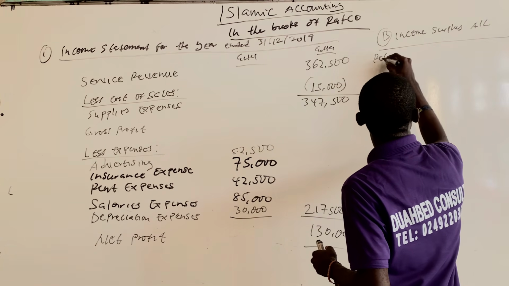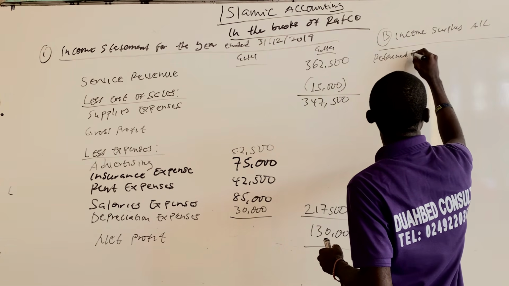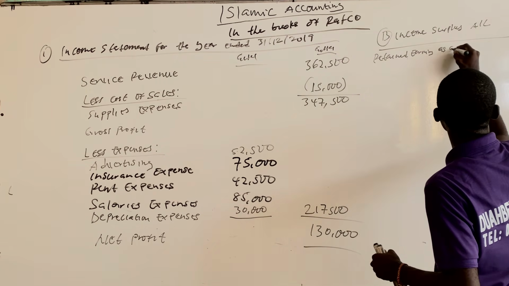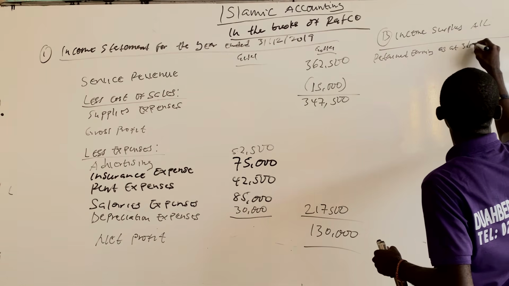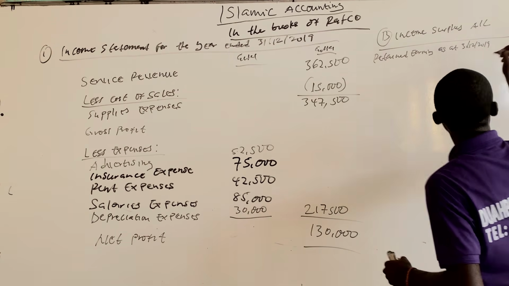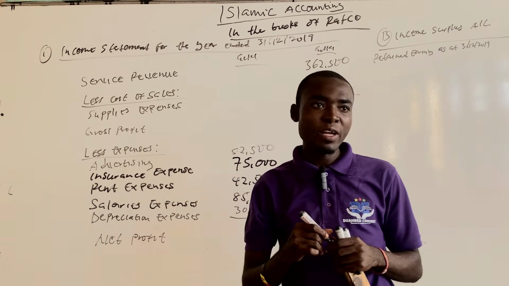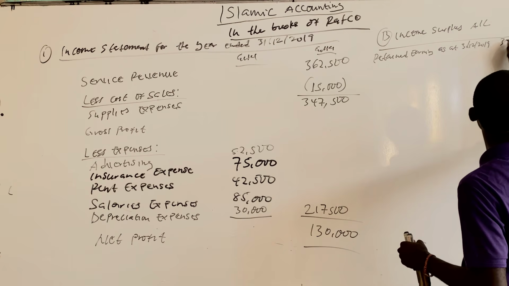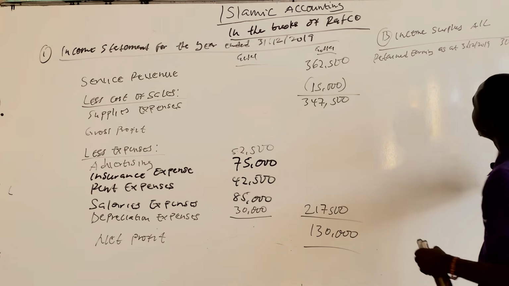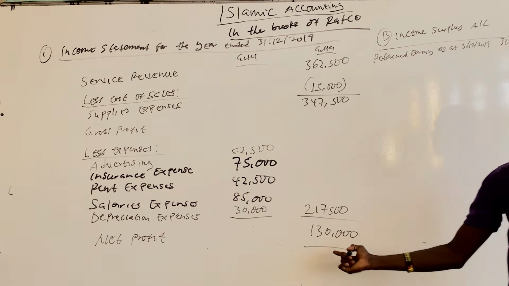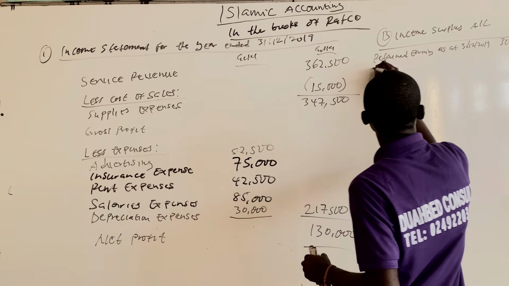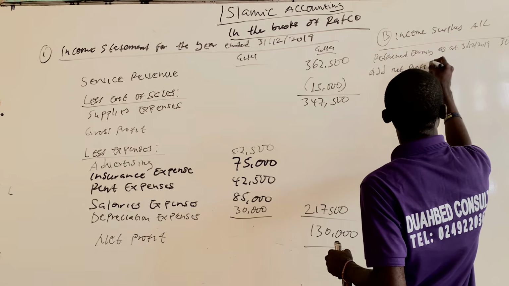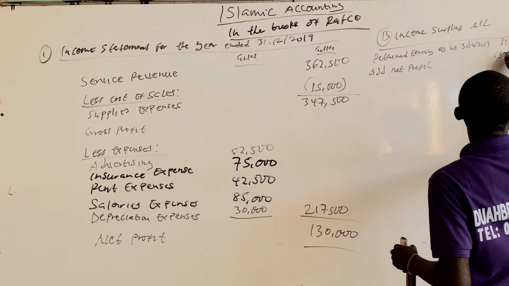So retained earnings as at 31st December 2019, the opening balance was given to us in the trial balance at 30,000. And the organization made a profit of 130,000. So add net profit, which is 130,000.